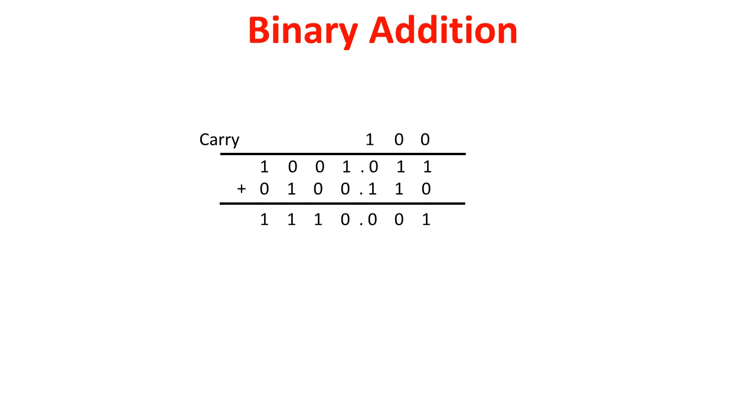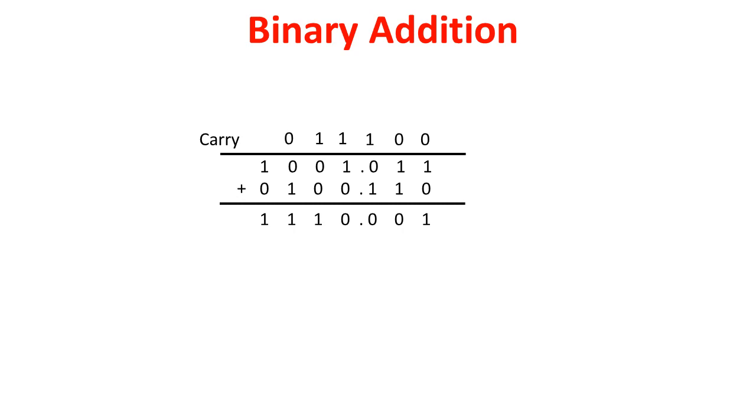So 1 plus 0 plus 1, the sum result will be 0, but again the carry 1 will be taken forward to the next column. So now 1 plus 0, the sum result will be 0, and again the carry 1 will be taken forward to the next column. So 1 plus 0, now the sum result will be 0, and no carry will be taken forward, so the carry will be 0 for the next column.